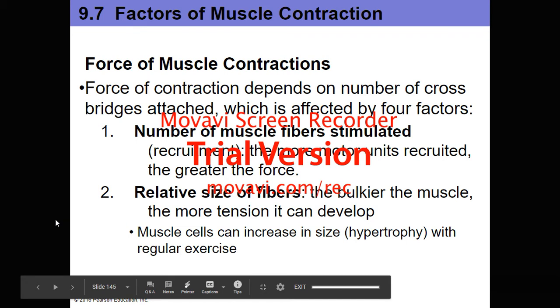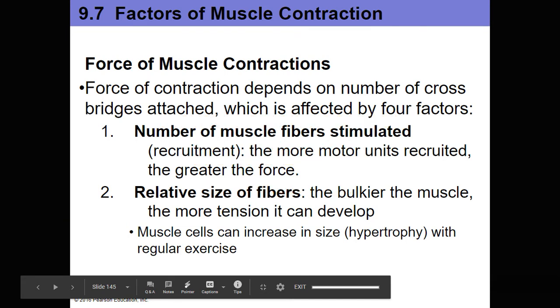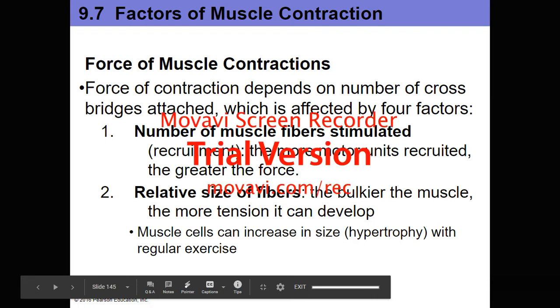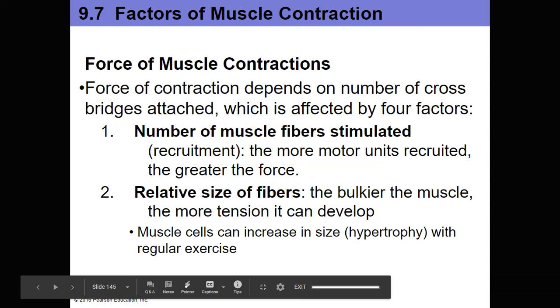All right, so as far as factors that affect muscle contraction, this is kind of intuitive. Obviously the number of muscle fibers stimulated. The more motor units recruited, the greater the force, and also the relative size of the fibers. The bulkier the muscle, the more tension it can develop.